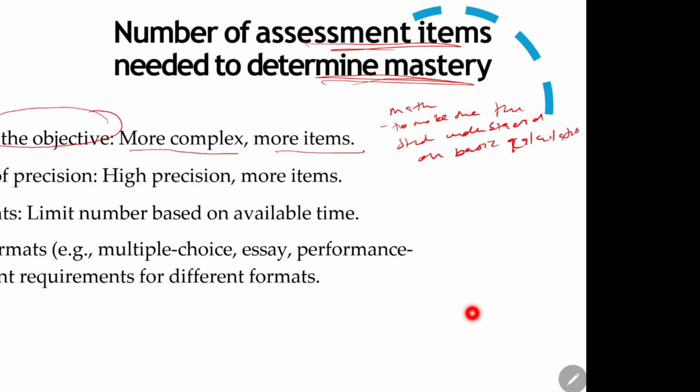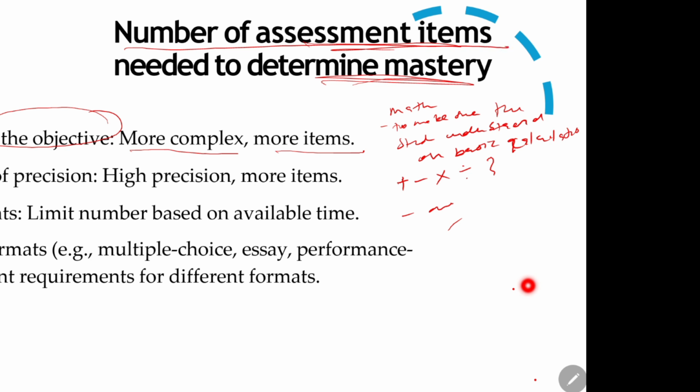Basic calculation, that means they just need to learn addition, subtraction, multiply, and divide. But for advanced calculation, we need to have a test from the basic calculation until the advanced performance. That is how we set the number of assessment items.